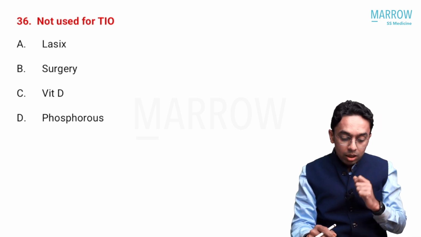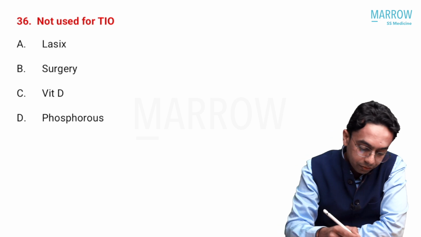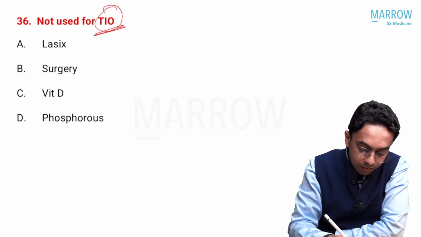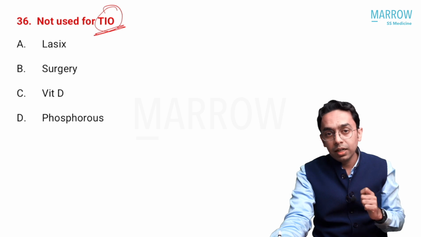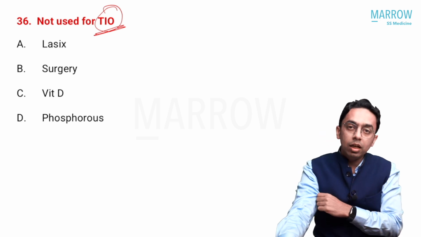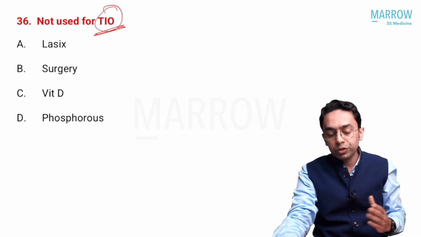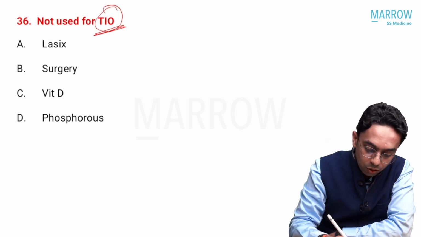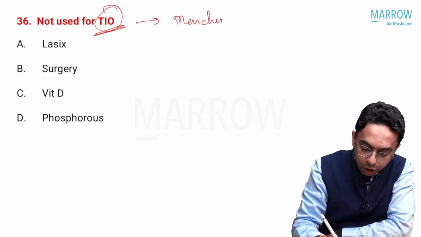Okay, coming to question number 36, not used for TIO. See, TIO we have discussed a little bit when I was discussing the FGF23 and X-linked hypophosphatemic rickets. So TIO is by a mesenchymal tumor.